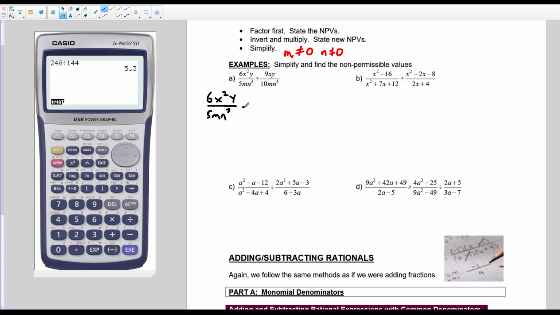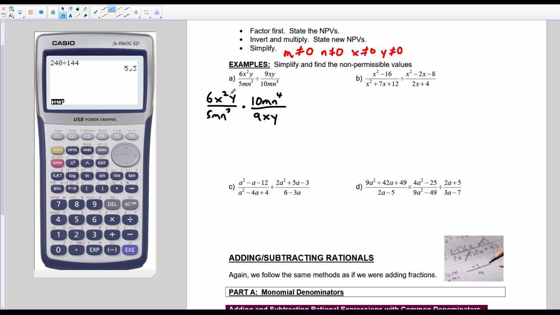Now instead of division, it's multiplication. And we're going to change the 9xy with the 10mn to the power of 4. So 10mn to the power of 4 comes up top, and 9xy is here on the bottom. And now we have 2 new NPVs: X cannot equal 0 and Y cannot equal 0.